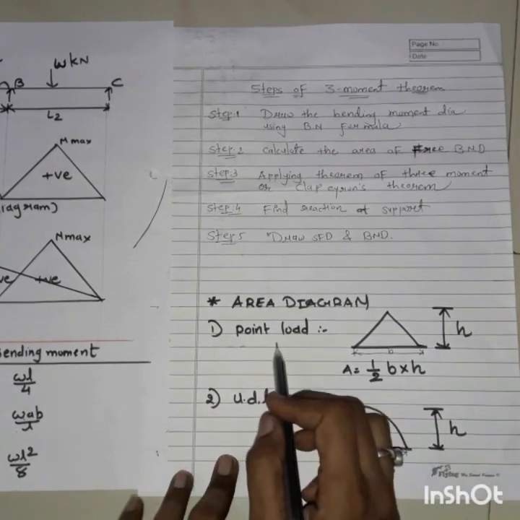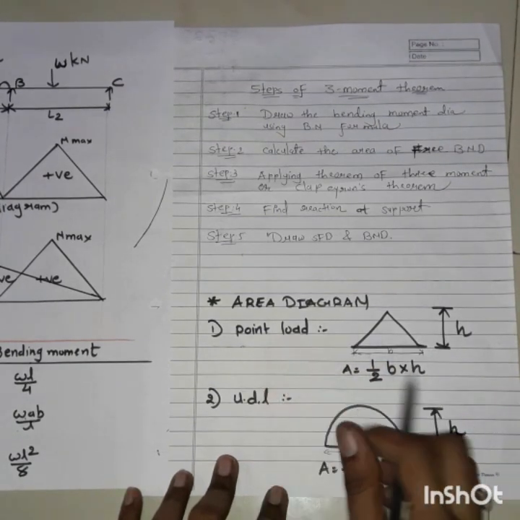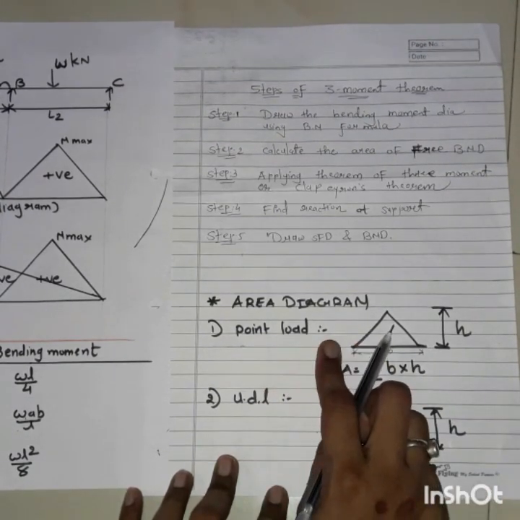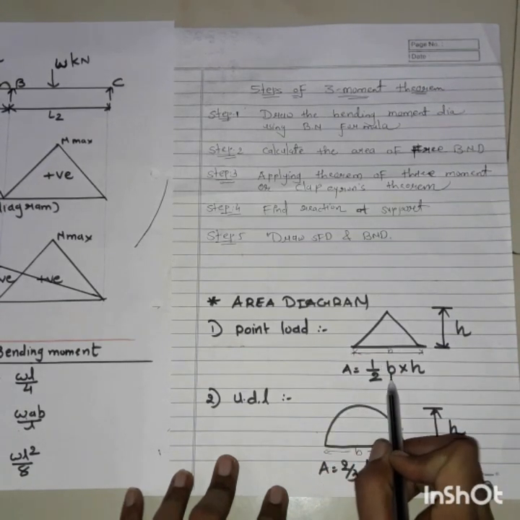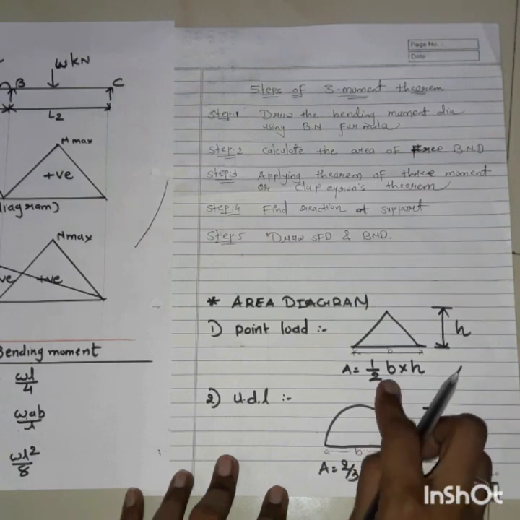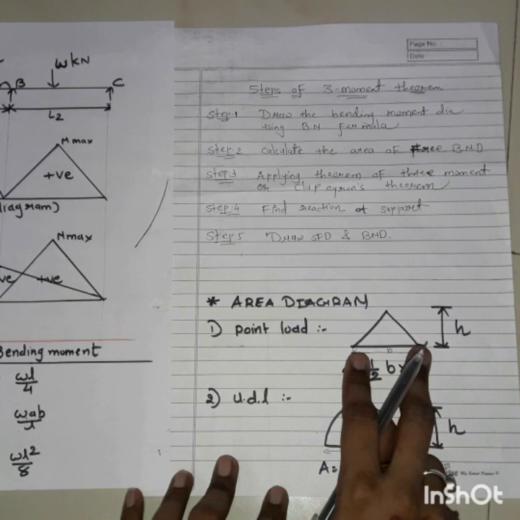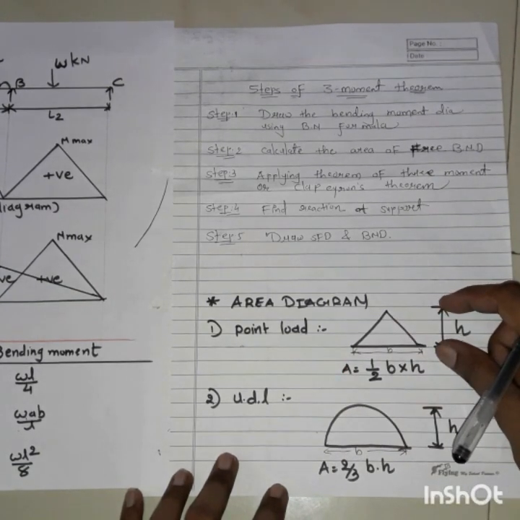Find the area for the point load or eccentric load. Area is half base into height, or half B into H, where B is the base of the triangle and H is the height of the triangle.